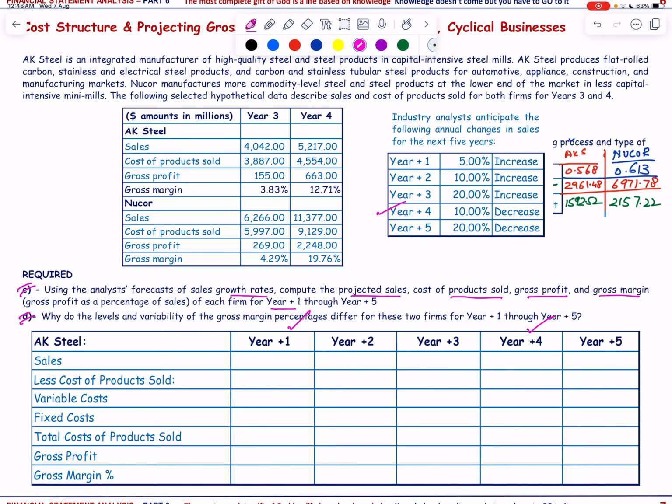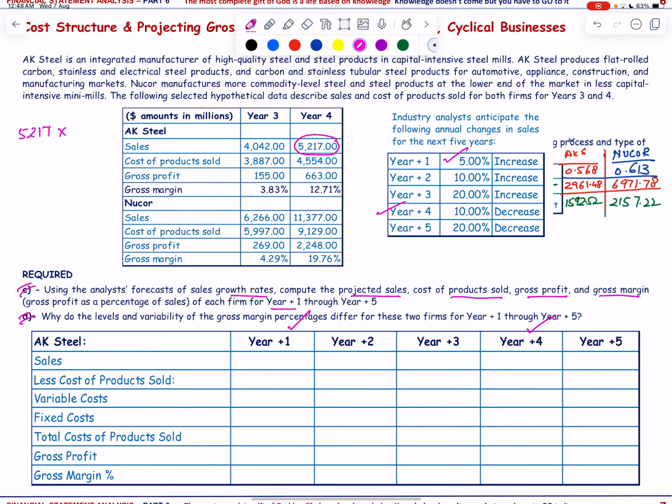So when we look into the sales, first of all, we need to determine the sales for year plus 1. Now sales will be what? It will be equal to the sales of year number 4, that is 5217, times, now you can see that there is a projected increase of 5%.